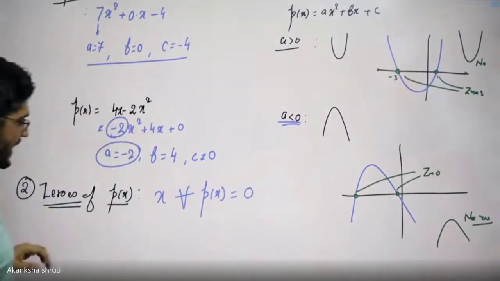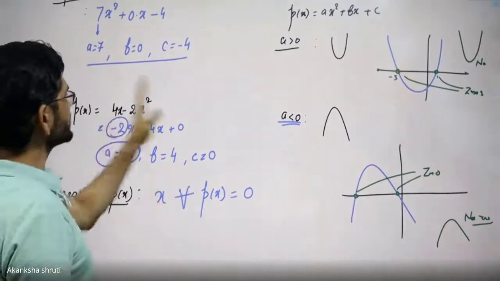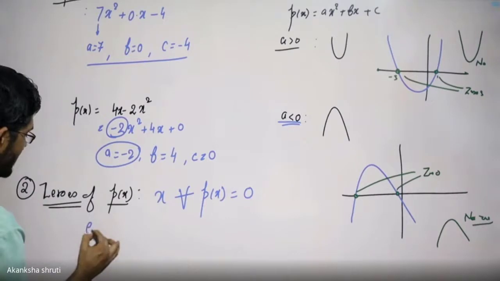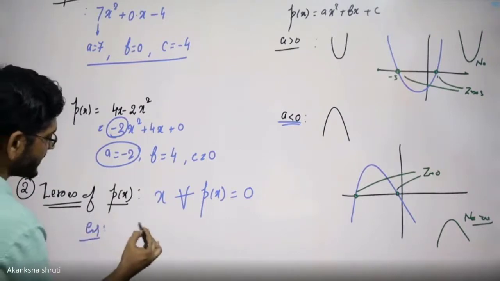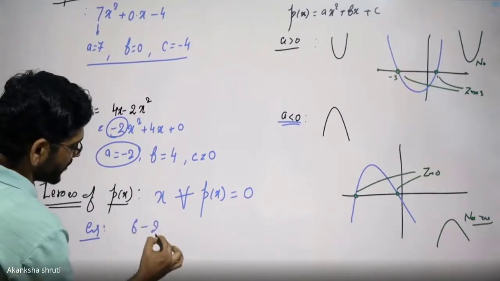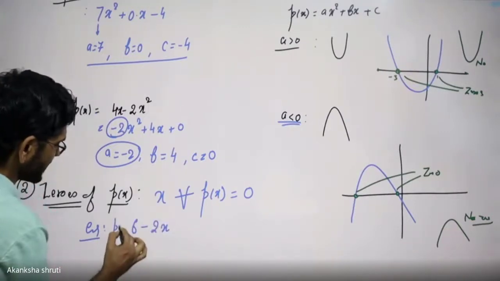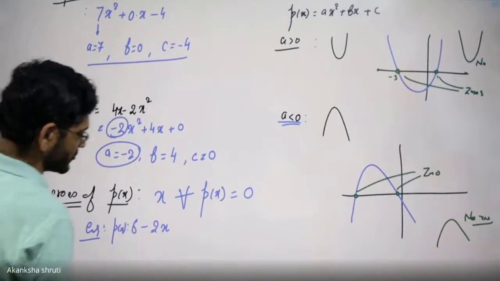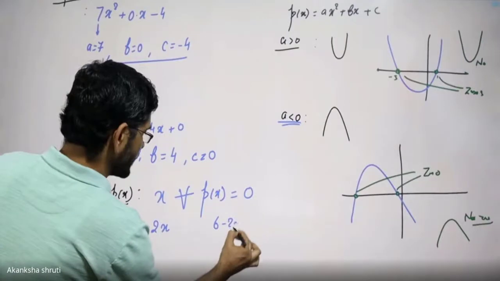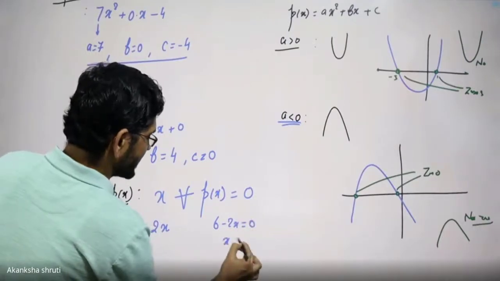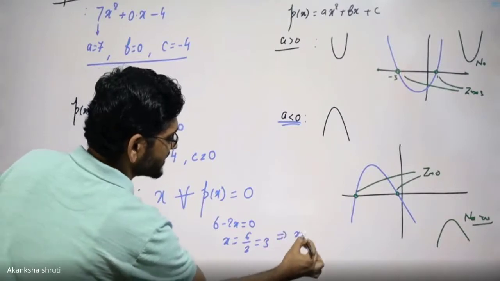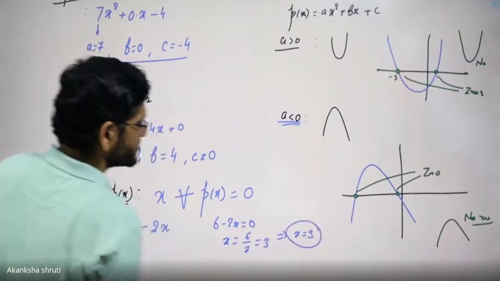We have learned that for finding these zeros, we need to equate it to 0 and find the value of x. Example, a very simple one, let us consider 6 minus 2x. This is just a polynomial p(x) and you have to find its zeros. Just equate 6 minus 2x equals 0. Here you will get x is 6 by 2, it is 3. So this implies x equals 3 is the zero.